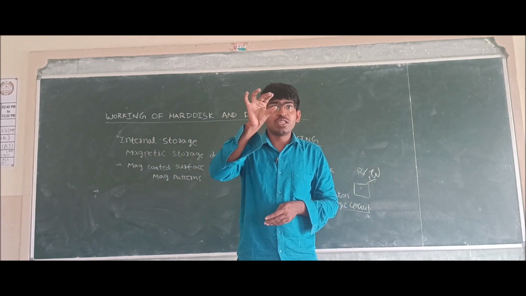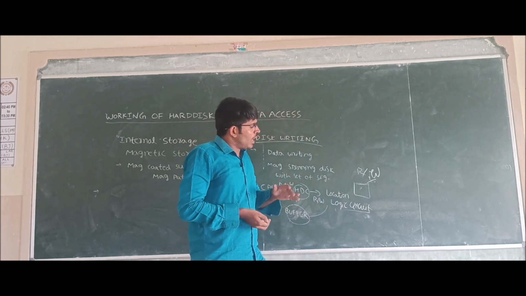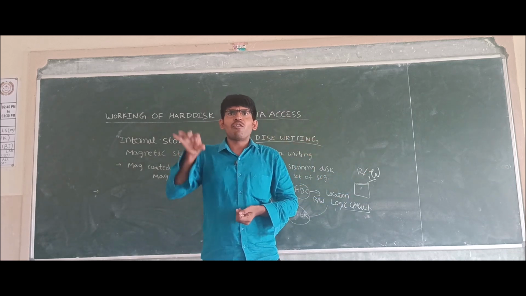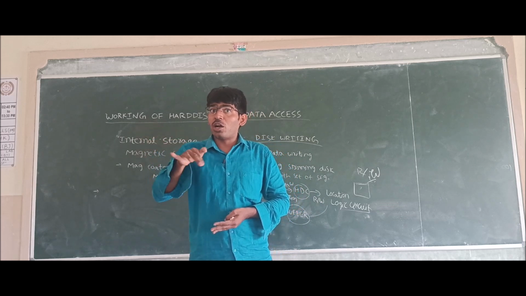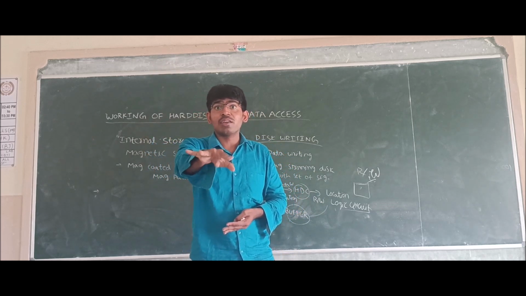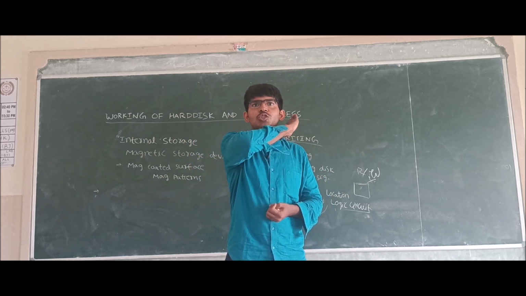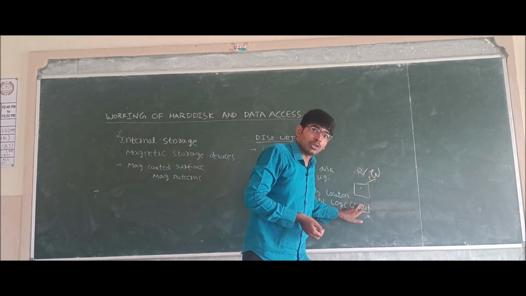This is disk writing. Now I want to read the data in a particular location. I want to see some information in the computer, how the reading is happening. When we stored data in a particular location, that is in the form of magnetic field information. CPU is not capable of reading magnetic field information directly. That magnetic information has to be converted to electric information by this logic circuit.